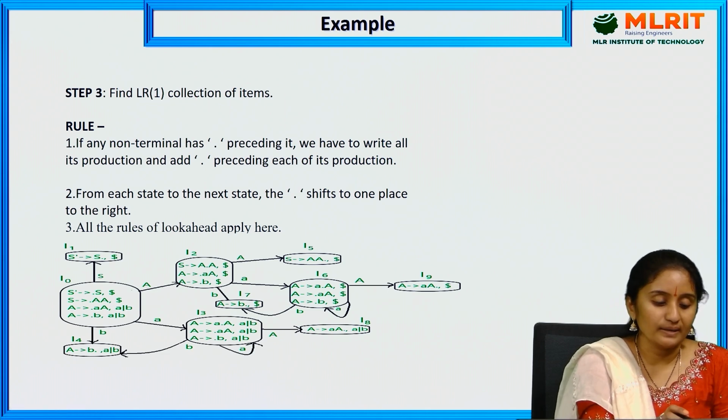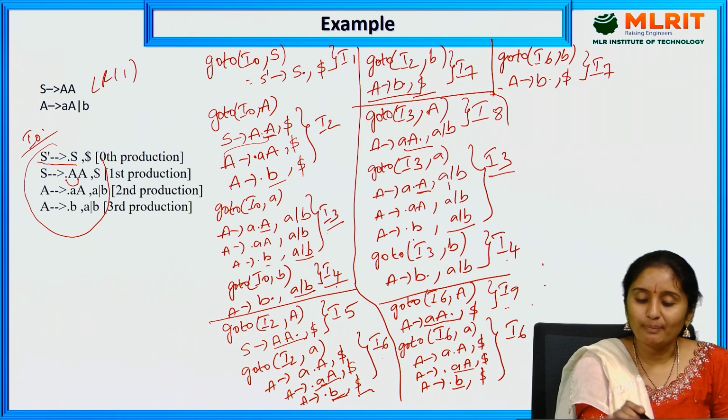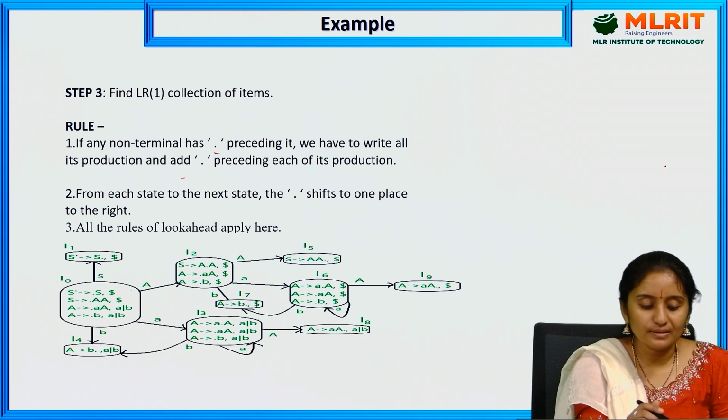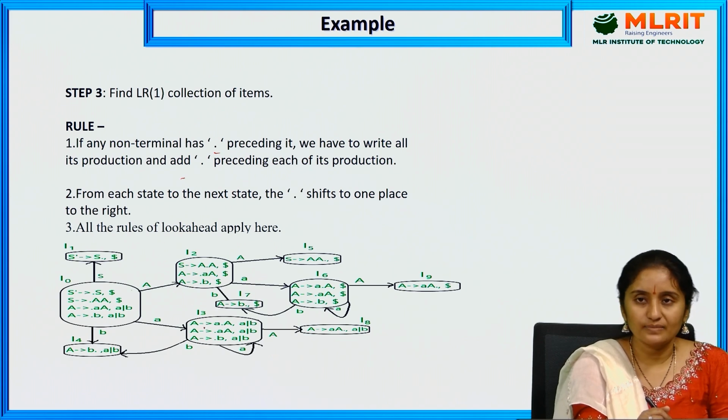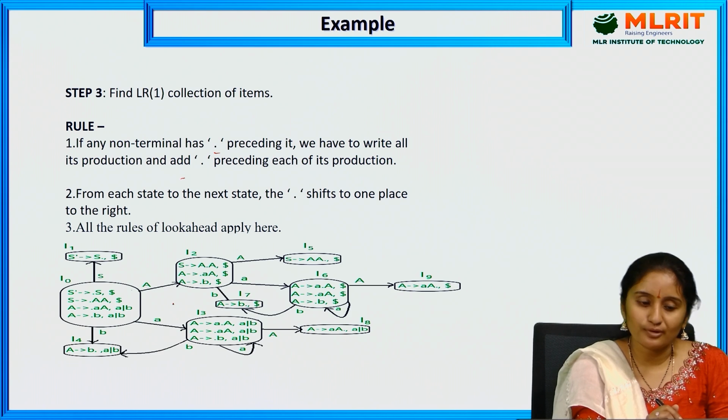LR of 1 items. If any non-terminal has dot preceding it, we have to write all its productions with dot. The same thing which we have applied here is written for this diagram. Check, if I find dot, and after dot you find any non-terminal, then we need to add each of its productions.